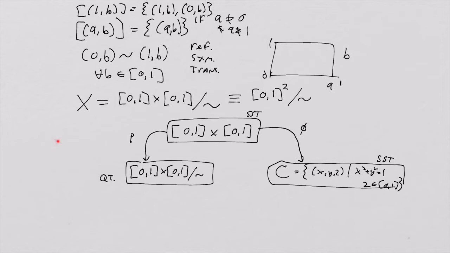And so the projection map P is a map that takes 0,1 squared into the quotient space by the equivalence class, and P maps A and B. P of A and B equals the equivalence class for A, B, like that.